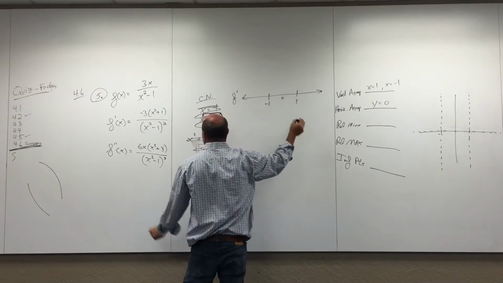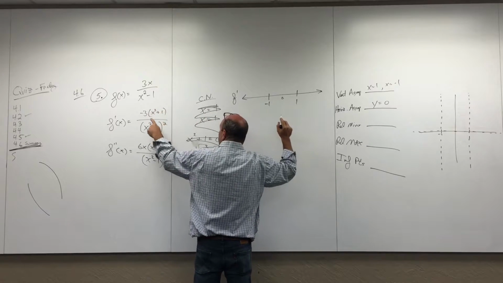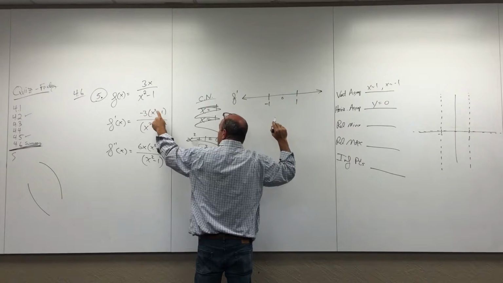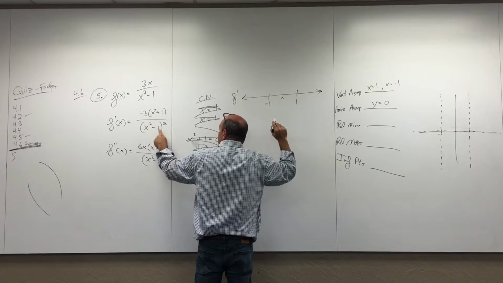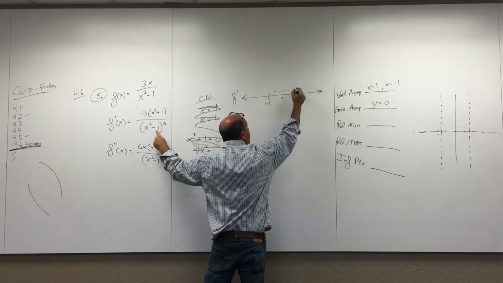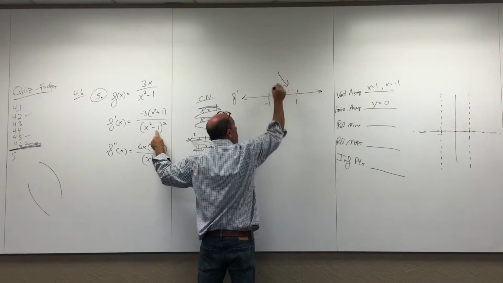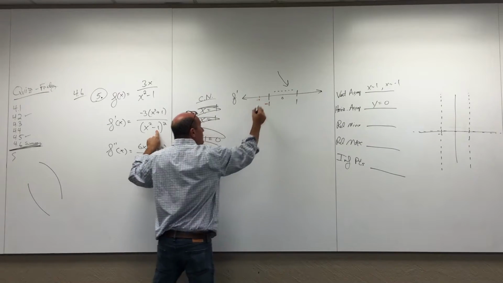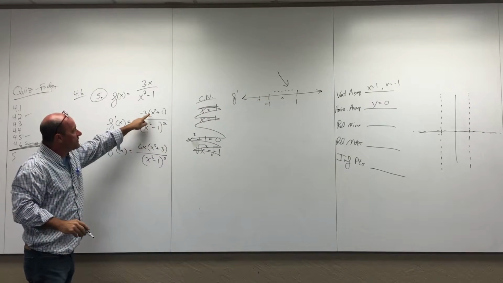Plug in a little 0, please, into the derivative. When you plug a 0 into the derivative, I think that numerator is negative. I think the denominator is positive. A negative over a positive is negative. Decreasing. Let's try this, a -2. You ready? In the derivative.